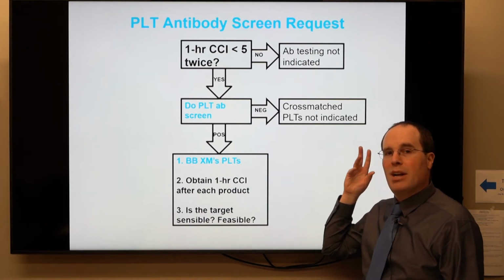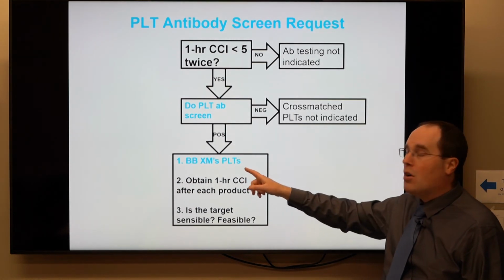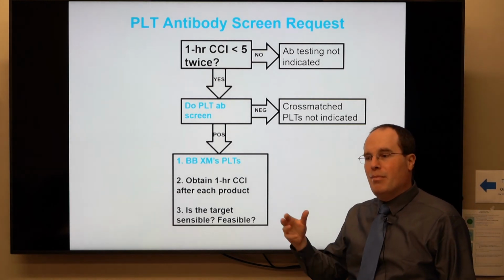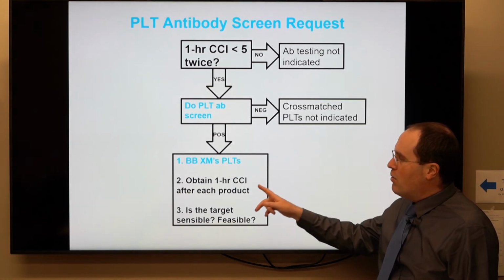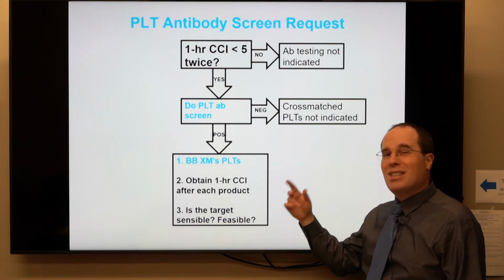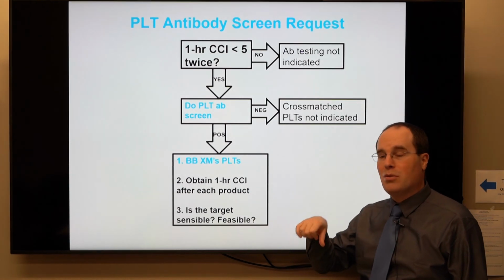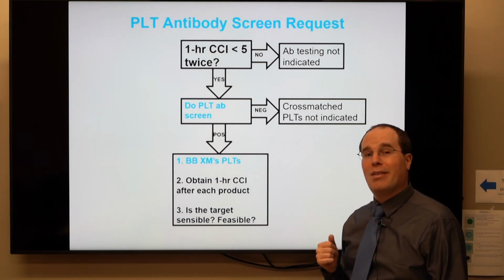We don't have to quarantine platelets. And if the platelet antibody screen is positive, then we'll do all those cross matches. We'll find the best available, the most compatible, in quotes, platelets to give. And of course, with each transfusion, we still want a CCI for each of those to see should we reuse donors or not. And finally, of course, we'll keep in mind the same considerations we already talked about.